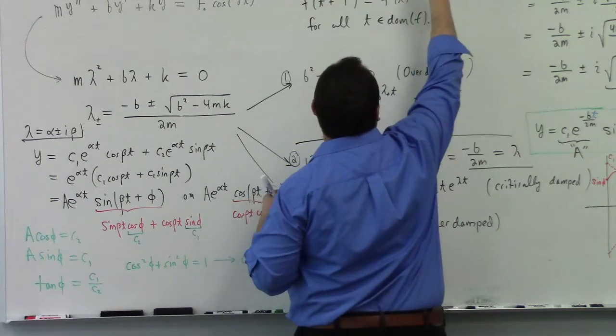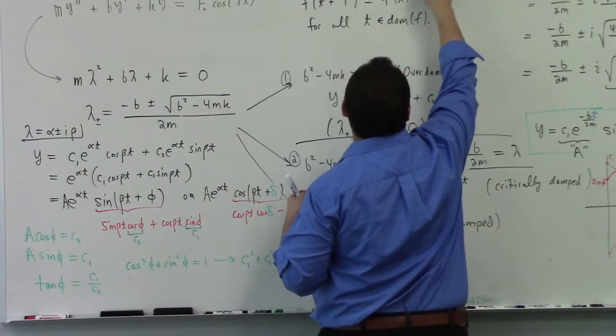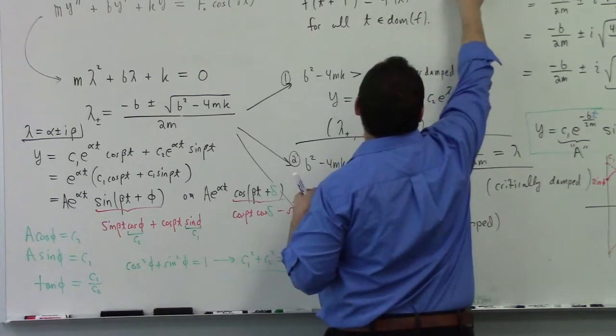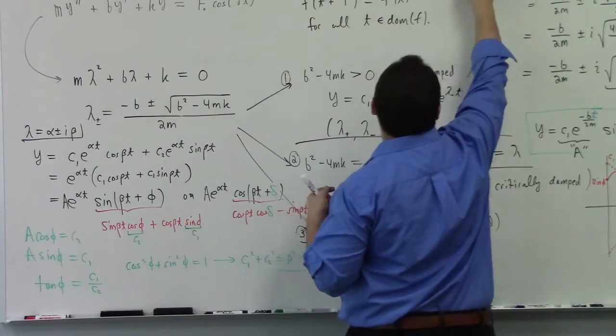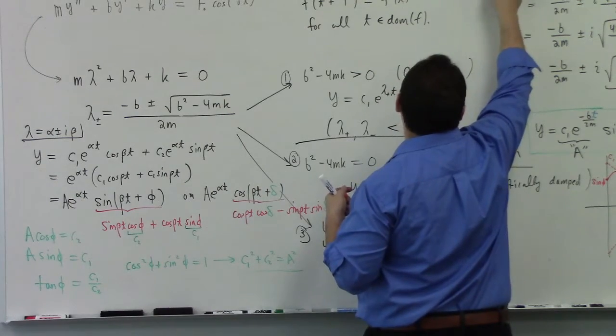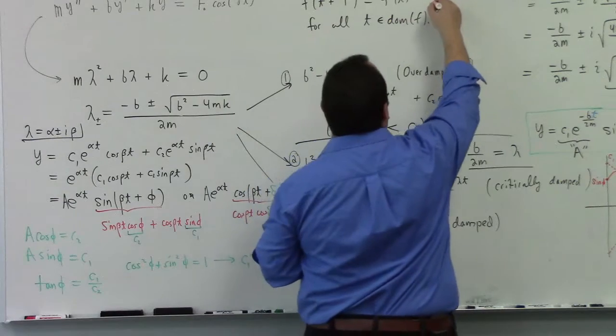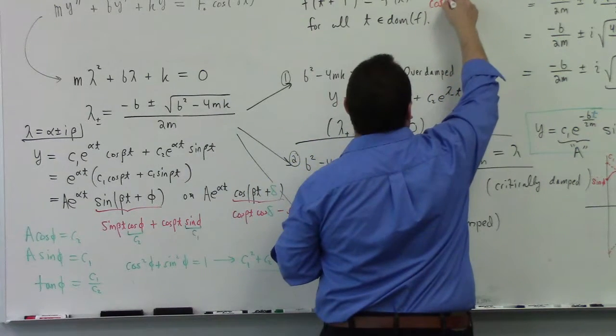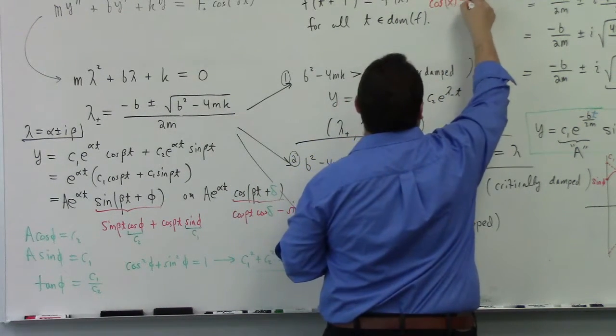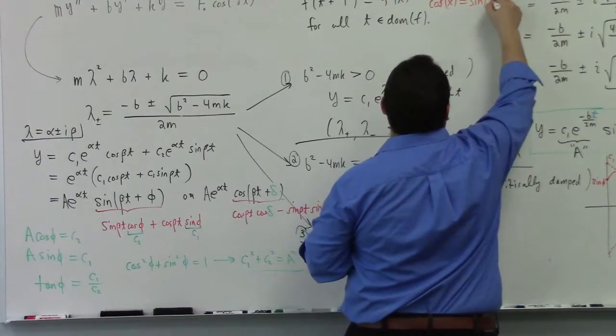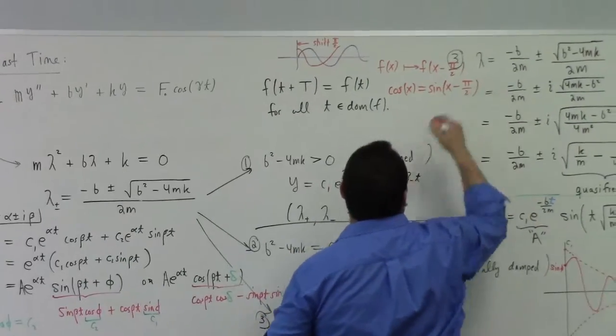If I want to take f of x and shift it pi over 2 that way, I just look at f of x minus pi over 2. So that tells me that by transformations of graphs, cosine of x is equal to the sine of x minus pi over 2.